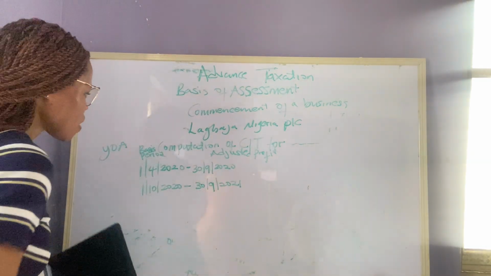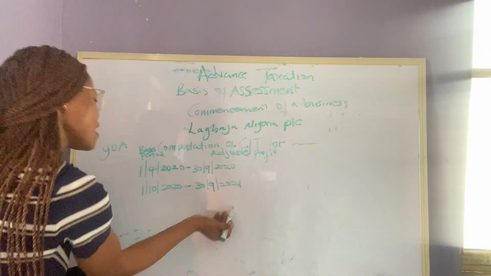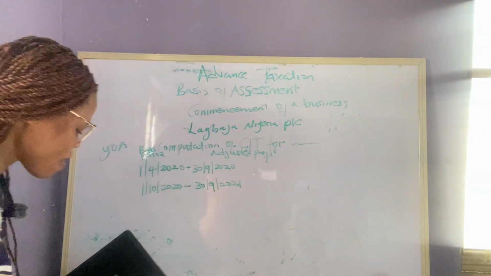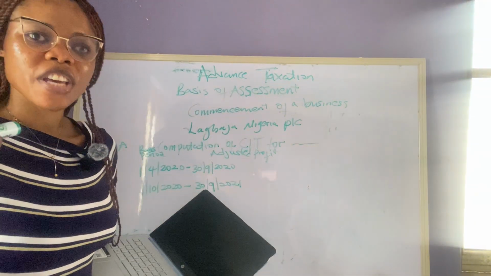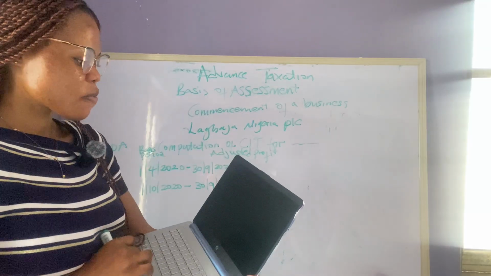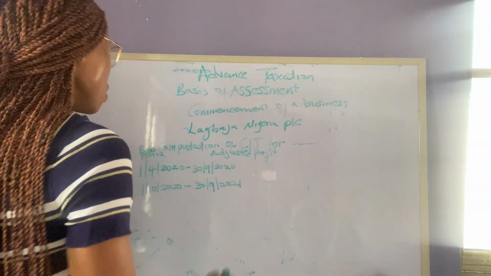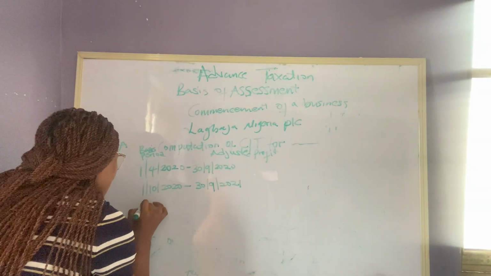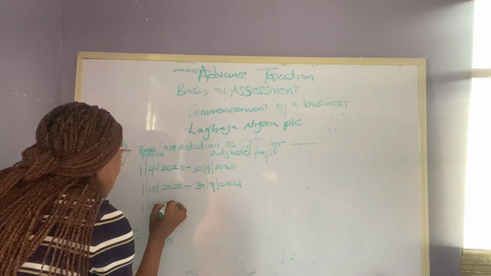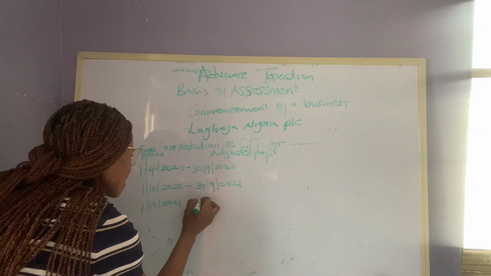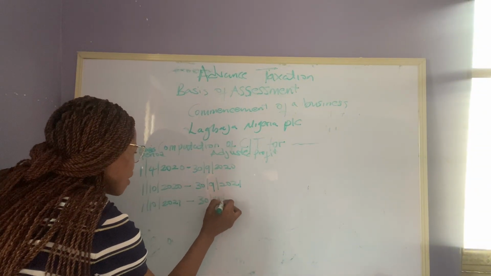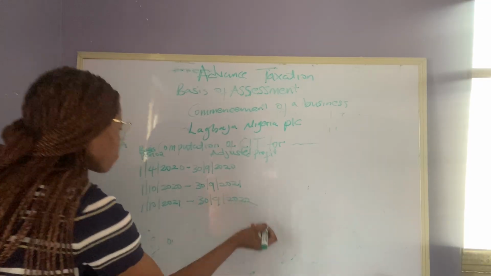You see. So again, immediately after, because they gave us three adjusted profits, which means that it's for 3 years. So we come again, 1st of October 2021 till 30th of September 2022.